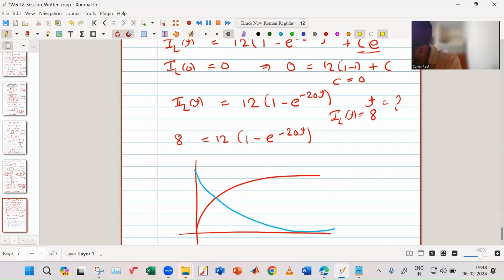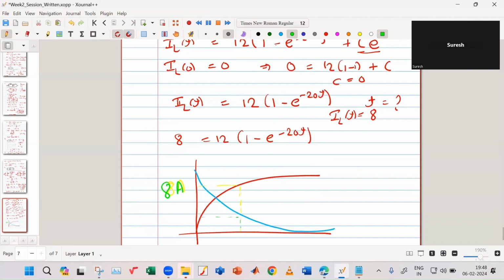Assume at this instant my current is 8 ampere, and at that same instant my voltage is 320 volt. But I just cannot assume that my voltage was 320 volt throughout and do my integration, because my voltage also is a function of t and it has been changing.